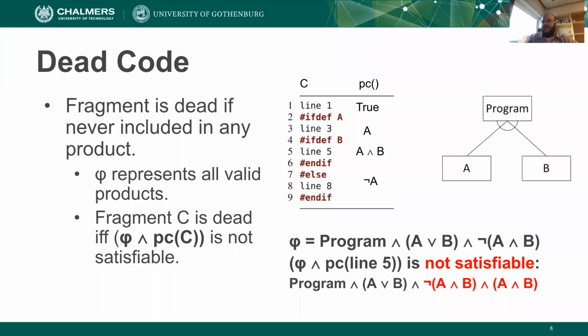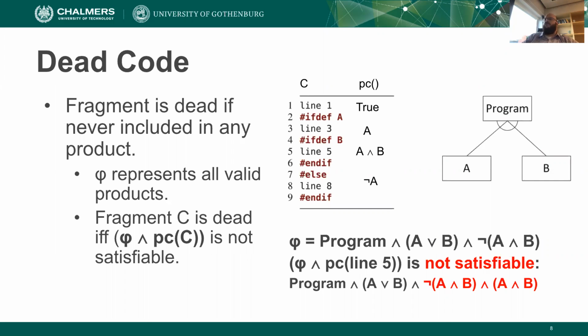If we can't find a set of features that meets both the presence condition for that segment of code and the feature model, then as long as we've implemented everything in accordance with the feature model, that bit of code will never be included.